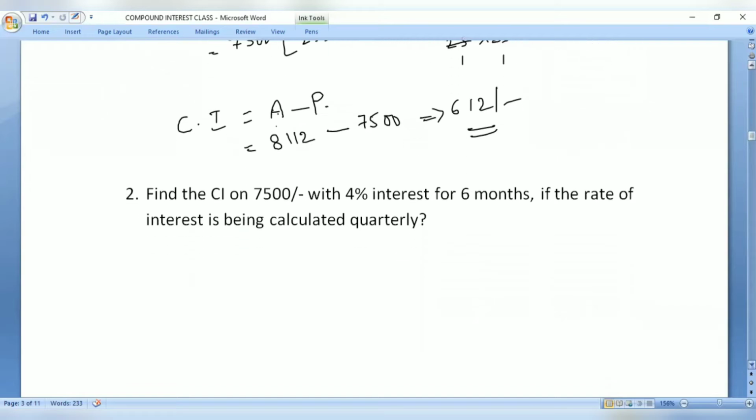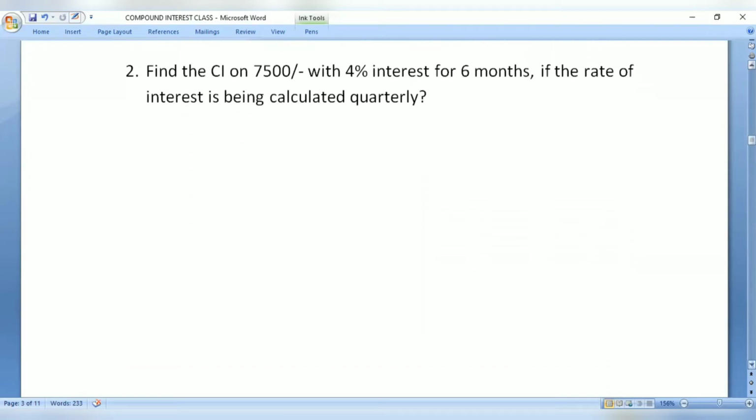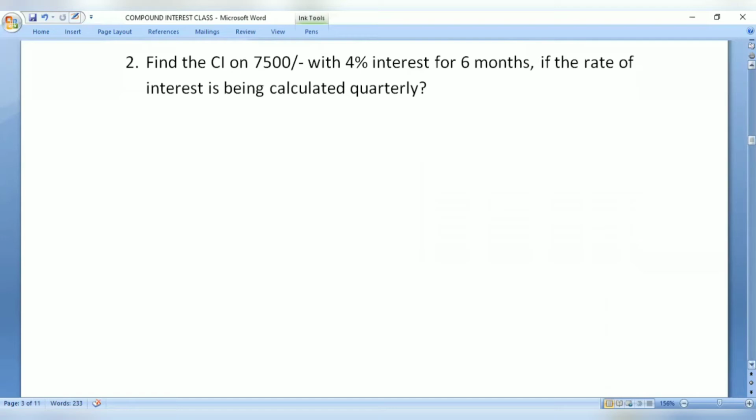Now let us look at the second question. Find the compound interest on 7,500 rupees with 4% interest for 6 months. So here the case is different. Here the interest is compounded on a quarterly basis.